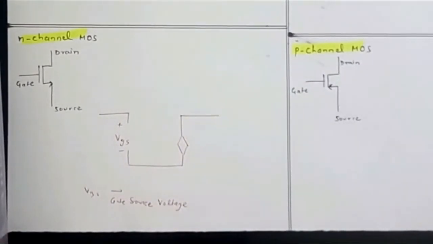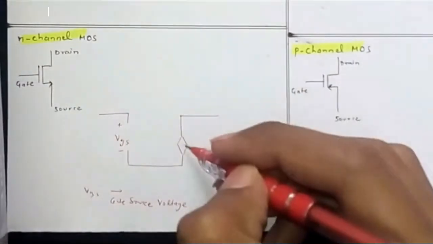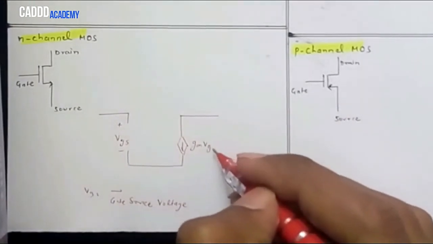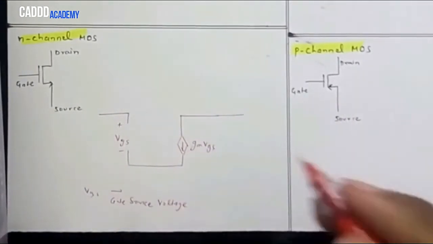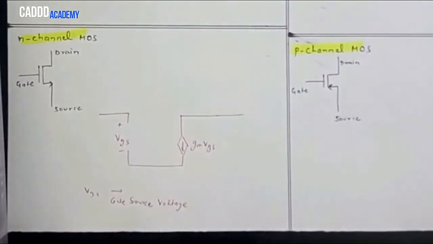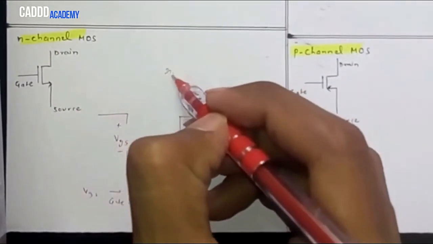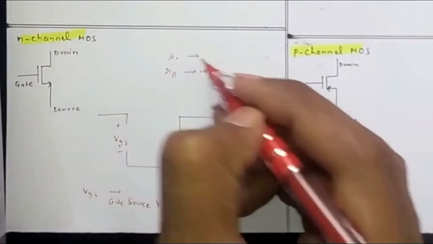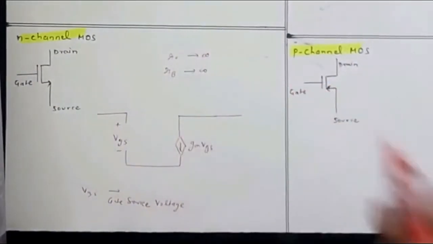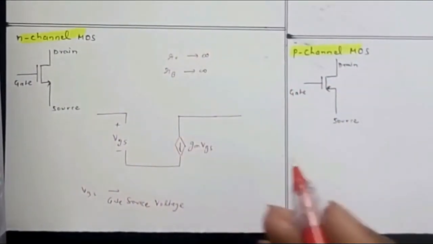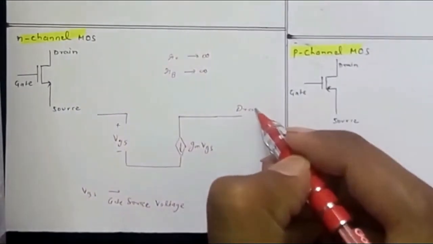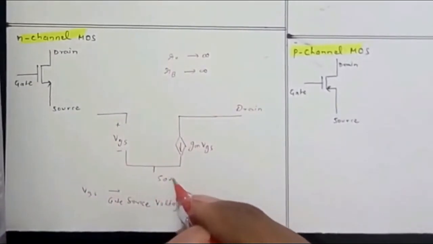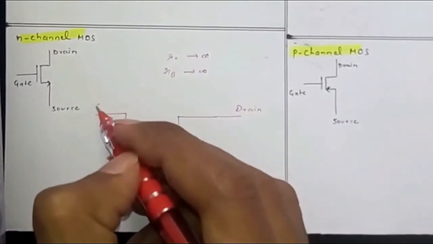And we will have the dependent current source, whose value will be GMVGS. And in this we will have RB as infinity, which is an open circuit, and R0 will also be infinity, that is an open circuit. So this is the drain terminal, this one is the source terminal, and this one is the gate.